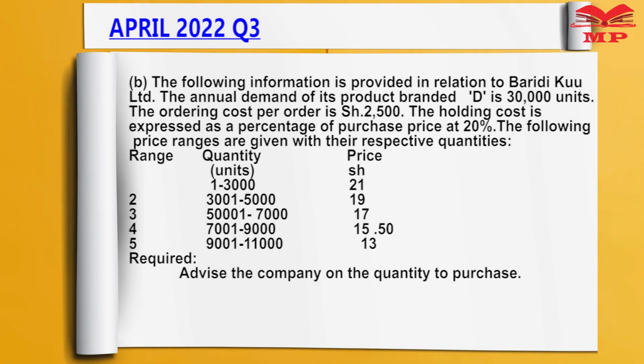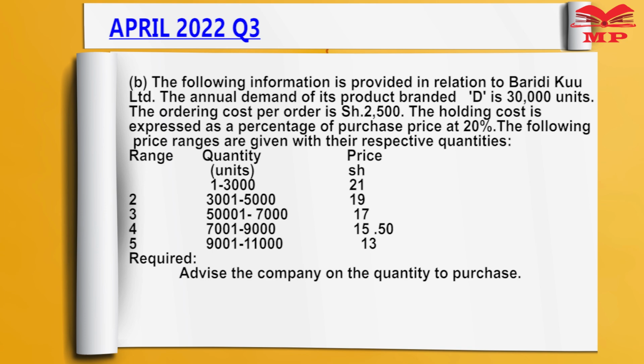Then part B of the question, you are told that the following information is derived in relation to Baridi Co. Limited. The annual demand of its product, branded D, is 30,000 units. The ordering cost per order is 2,500 shillings.